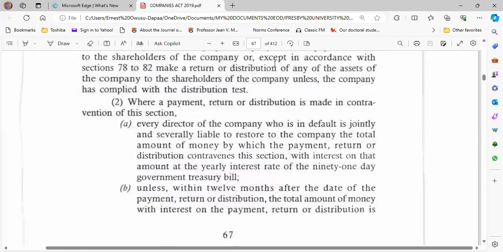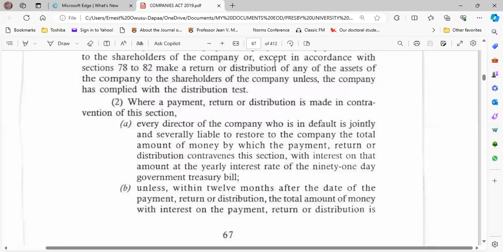Section 72, subsection 2 says that where the company has made unlawful payment of dividends, then A, every director of the company who is in default, that is, who superintended over the company when the company was paying dividends without meeting the distribution test, will have to pay back the total amount of money which was paid as dividends or which was returned to shareholders.